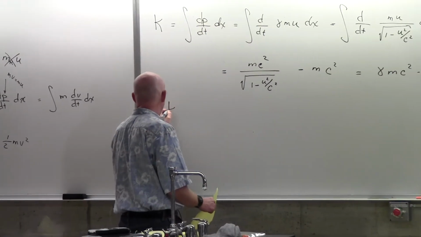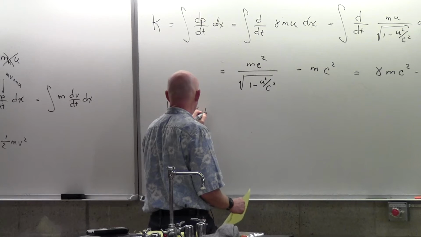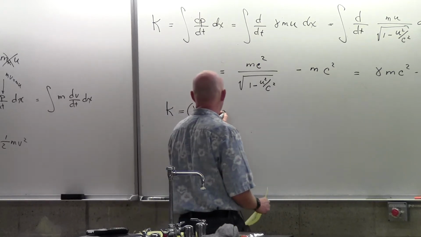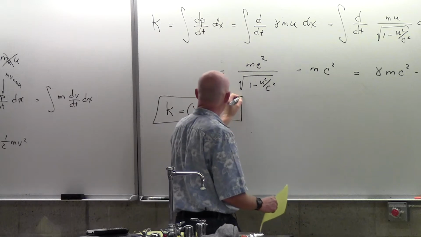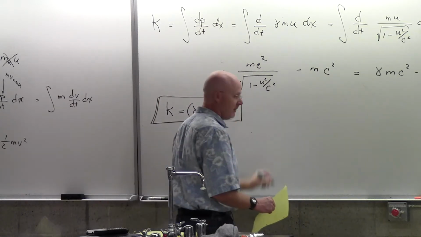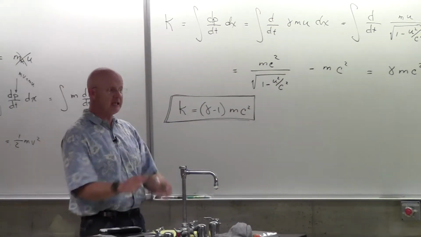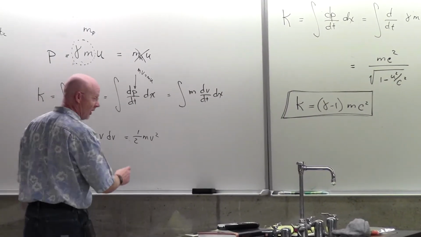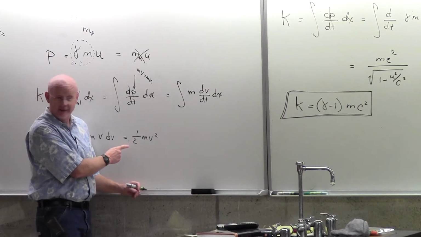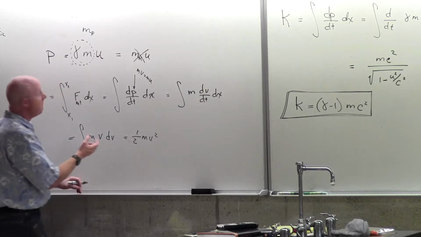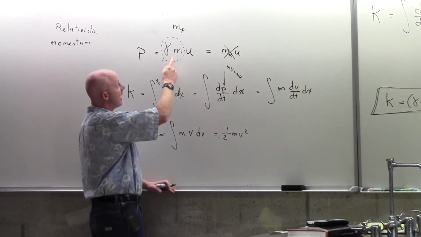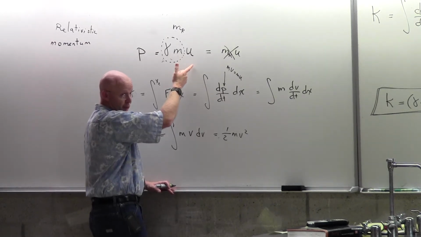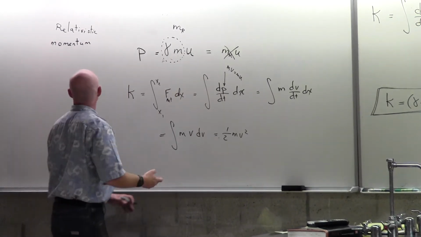And so maybe I'll put a box around it, because I think of all of our formulas that we have modified, that one looks the least like the one we had before. At least our momentum one probably looks the closest. Our momentum was just an m and a v or a u, and then we just multiplied by gamma.